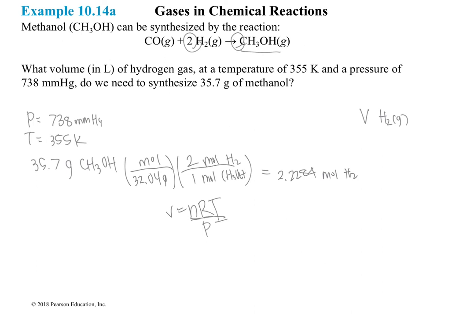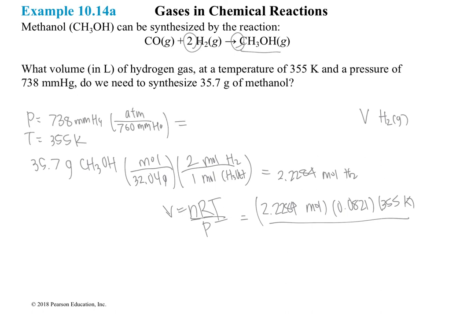And so that gives me volume equals moles of hydrogen, 2.2284 moles times gas constant times temperature, 355 Kelvin. Oops. And I'm going to get my pressure into atmospheres. I'm going to divide by 760.